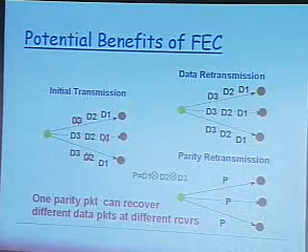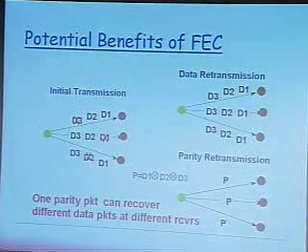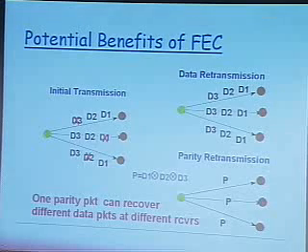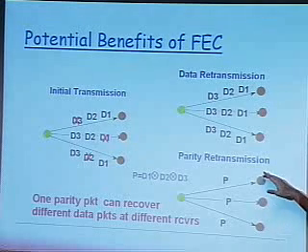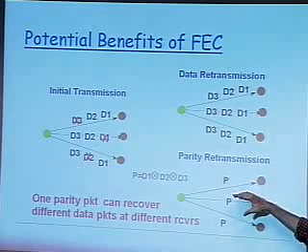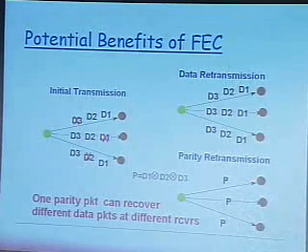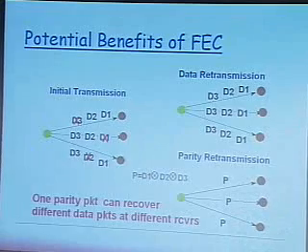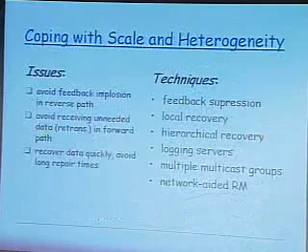Instead of retransmitting all the data packets, you are just retransmitting the parity packet, and individual receivers can process and recover whatever has been lost. Now that's the principle of FEC for reliable multicast.